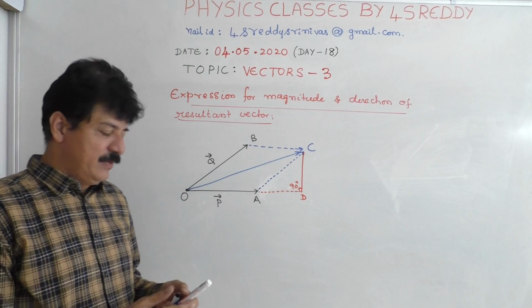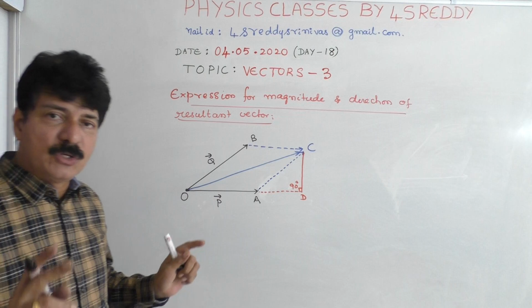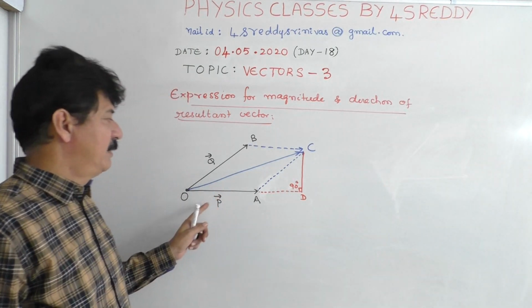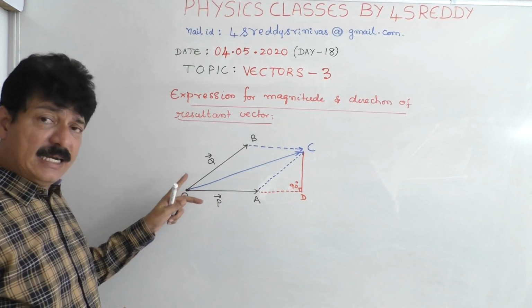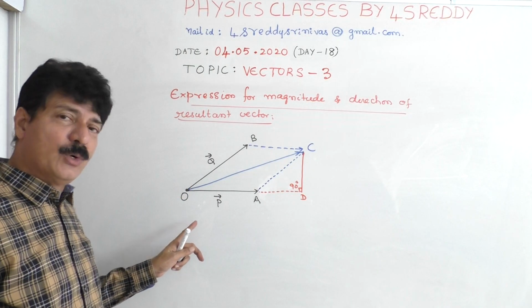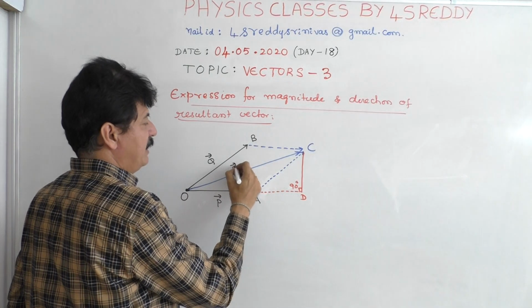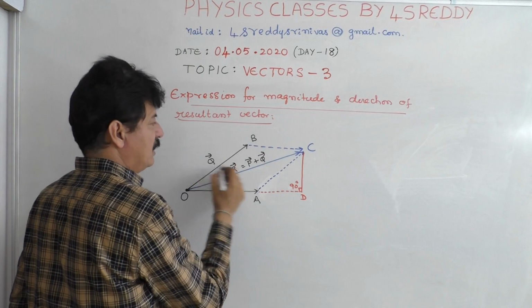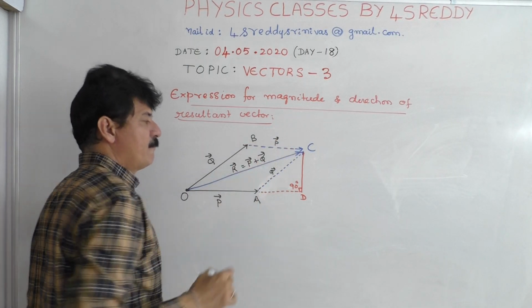Now what you can observe is here OA bar is equal to P bar and OB bar is equal to Q bar, the two vectors represented both in magnitude and direction by the two adjacent sides of a parallelogram starting from the point O. If this forms a triangle, then R bar can be written as P bar plus Q bar, because this is Q bar and this is P bar.